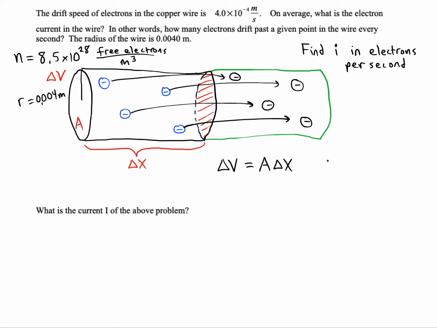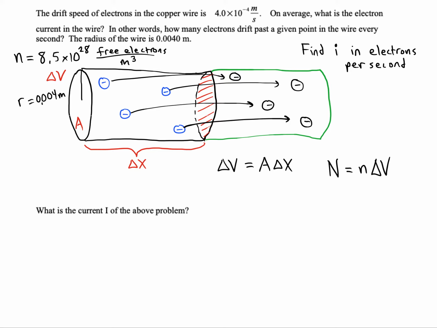We also have this idea that the number of free electrons in any segment of a conductor will be equal to the free electron density of that conductor material times our conductor's volume.